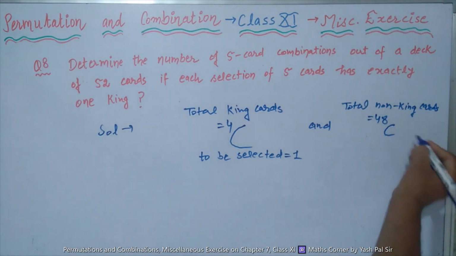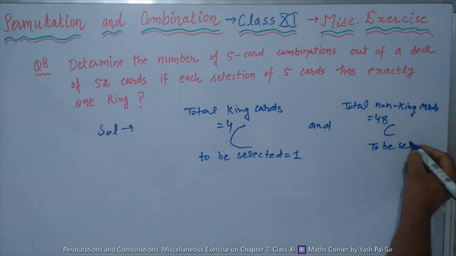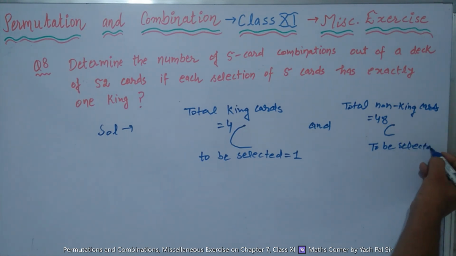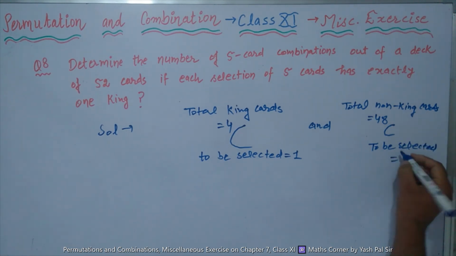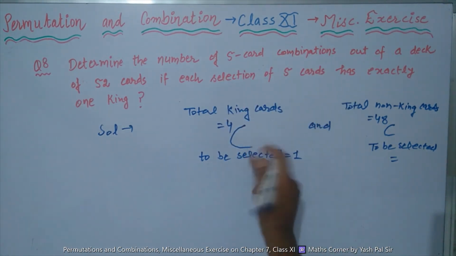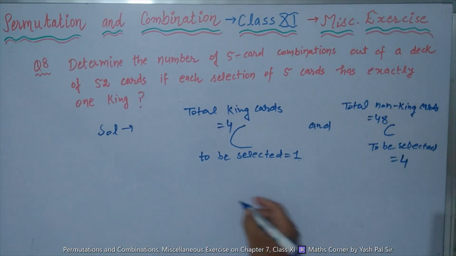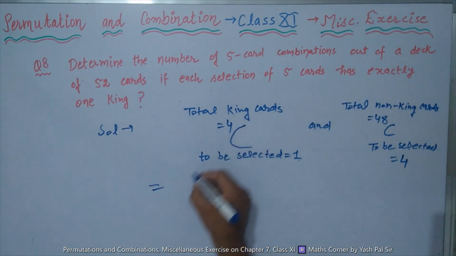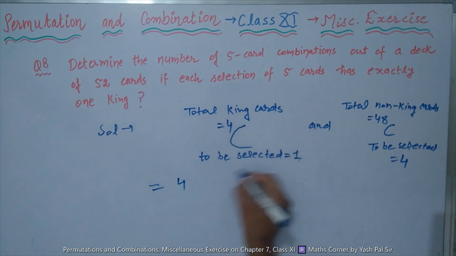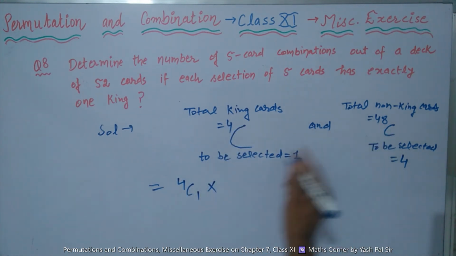Now out of 48 to be selected, how many to be selected? Because we need to make a 5 card combination. One card is selected, so 4 are remaining. So this way what we write now, 4C1 and becomes multiplication 48C4, right?